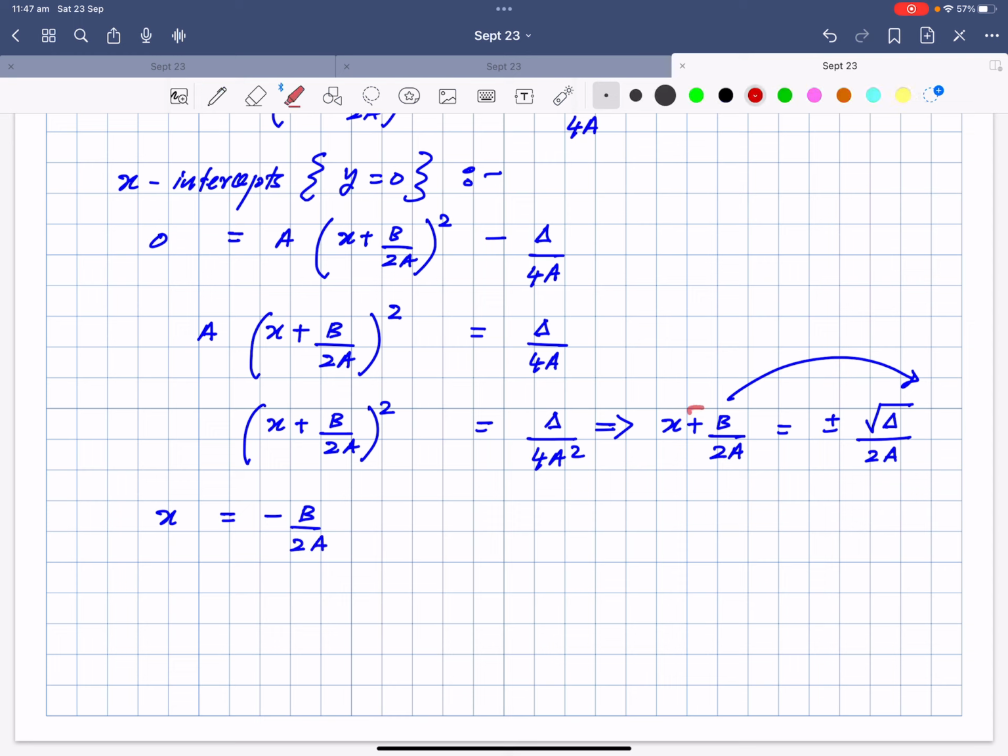So this plus becomes minus when it goes to the other side, plus or minus square root of delta divided by 2a. So you have the common denominator here, which is 2a. This is minus b plus or minus square root of delta.